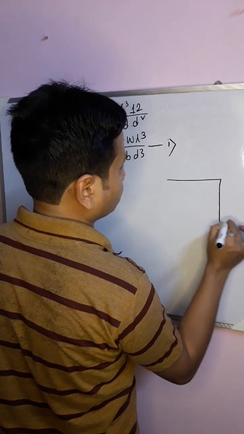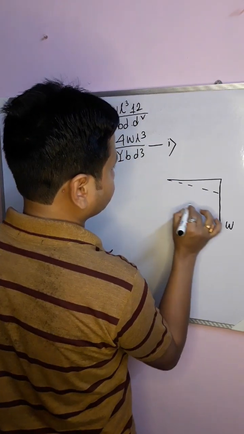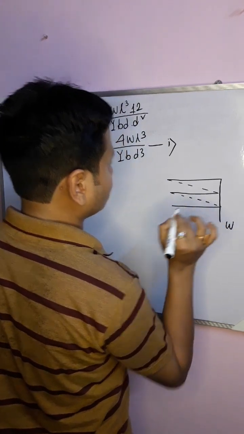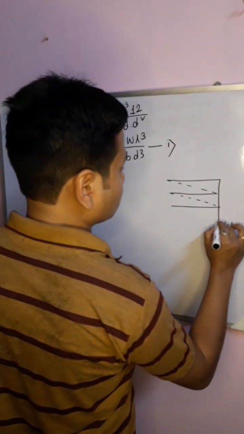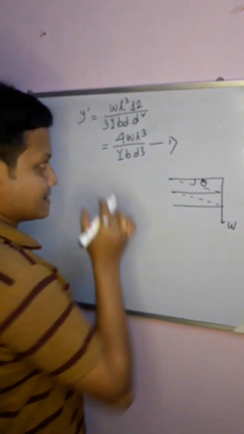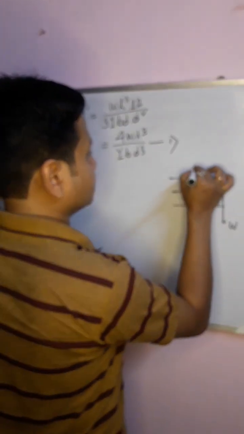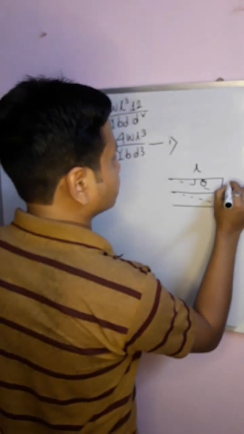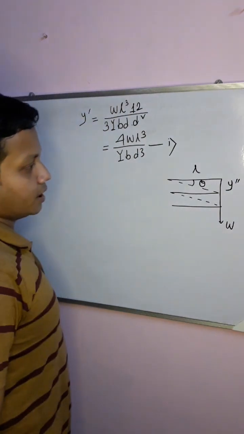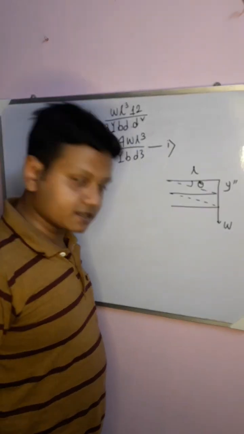Say this is the weight, this is the shearing angle theta, say this is L, and this is say y double dash. Now due to the load W, we know that each point in the beam experiences a shearing stress.